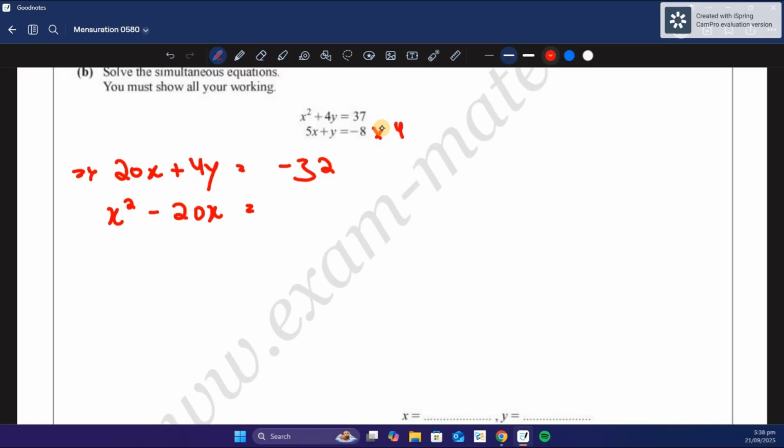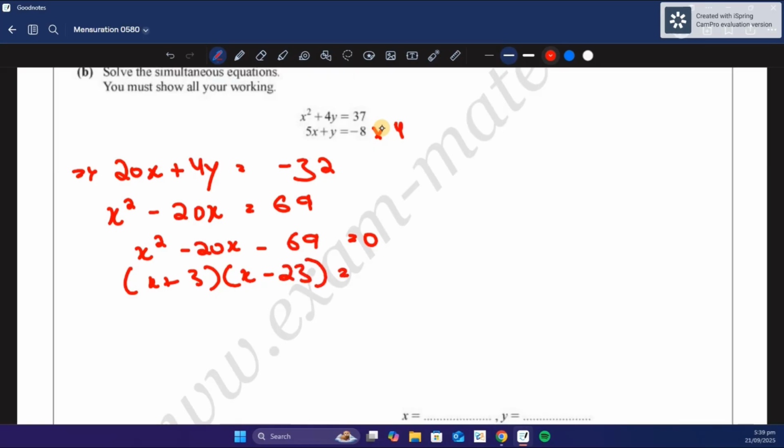This should give us x squared minus 20x minus 69 is equal to 0. And then we could use middle term breaking, which would give us (x plus 3)(x minus 23) equals 0.